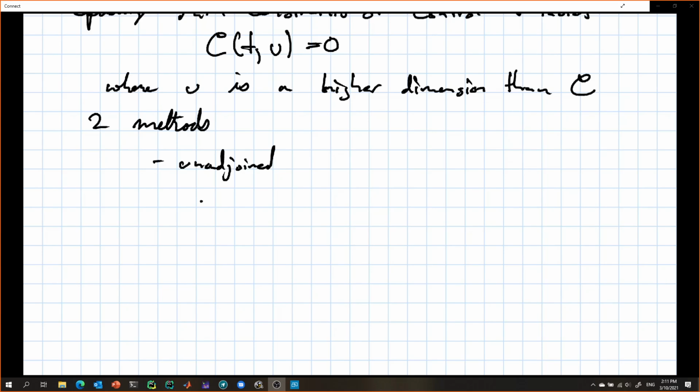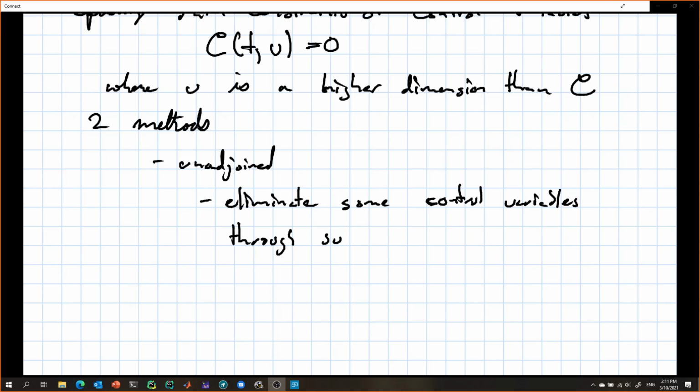And then the way you do that is we eliminate some control variables through substitution of C equations.